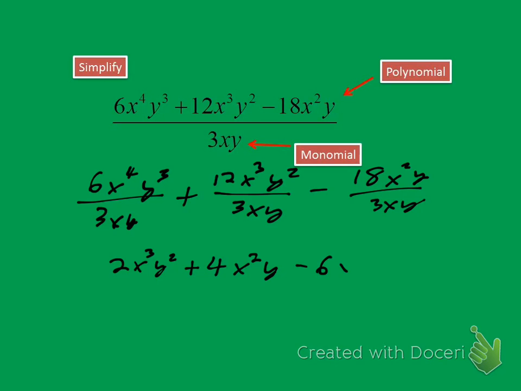X squared over x gives you x. And y over y gives you 1. So no y's. That's your answer. If there were like terms in there, you would combine those, but that'll be very rare.